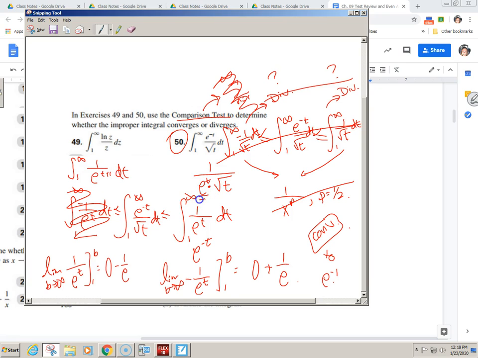I'm looking at e to the t times root t versus e to the t times e. Square root of 1 is 1. That's 2 point. The square root of 2, square root of 3, square root of 4, square root of 5. This is smaller, but if I did the t minus 1, that'd be over e.